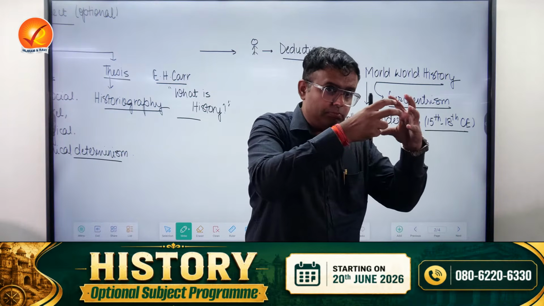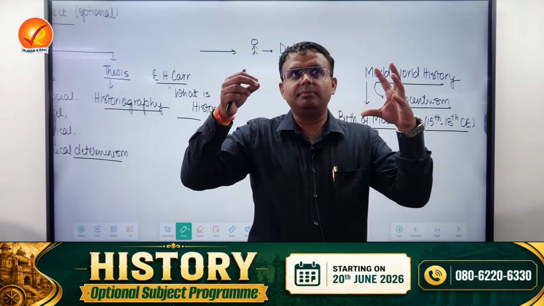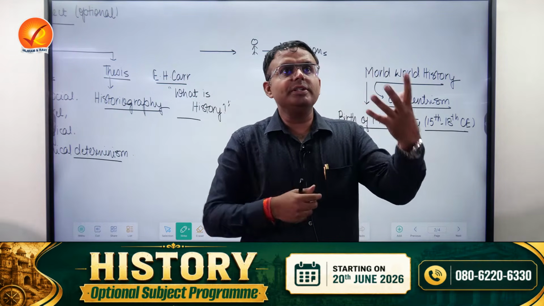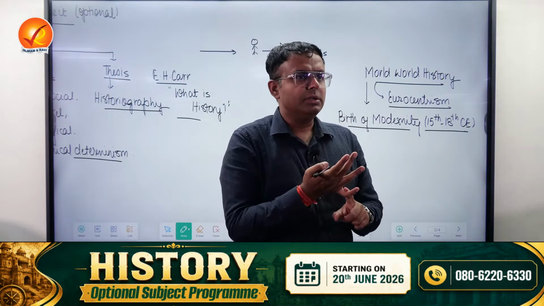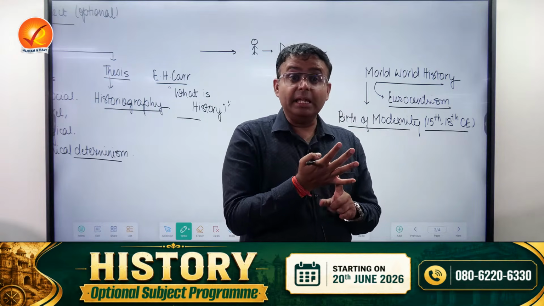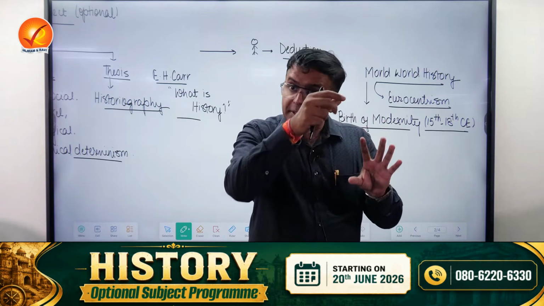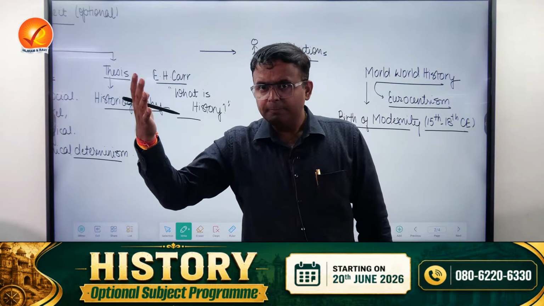How Europe gradually started coming out of this dark age mindset. And what do we study? We start with Renaissance, Reformation, Scientific Revolution, and then Enlightenment. So you study which were the new ideas, principles.